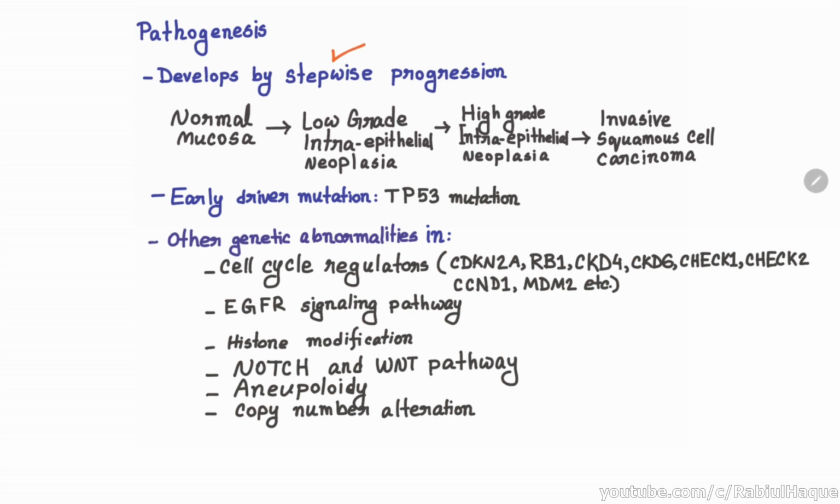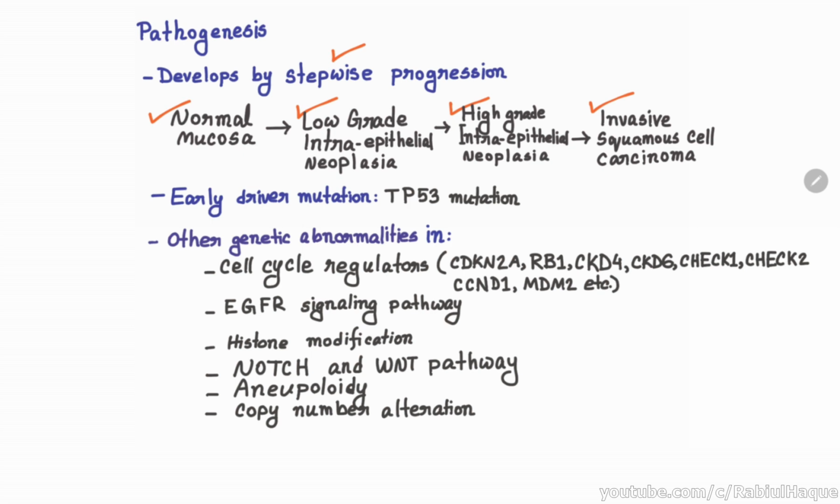That means as more and more genetic abnormalities are accumulating, the tumor cells are progressing from histologically normal squamous cell mucosa to low-grade intraepithelial neoplasia to high-grade intraepithelial neoplasia, and ultimately when the tumor cells have acquired invasive capability and when the tumor cells can invade the basement membrane, they are becoming invasive squamous cell carcinoma.